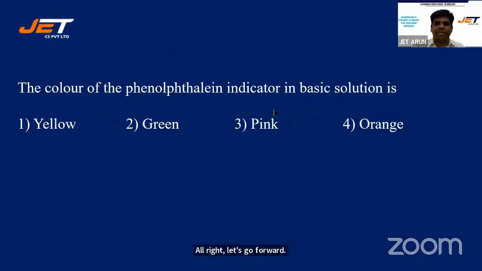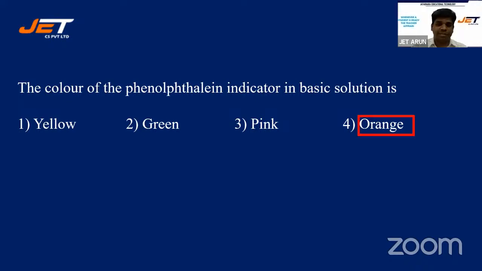The color of phenolphthalein indicator in basic solution is: yellow, green, pink, orange. Okay, consistent response.